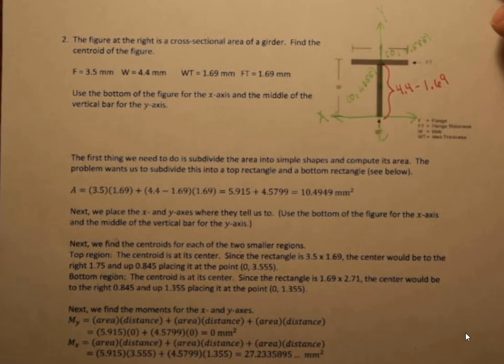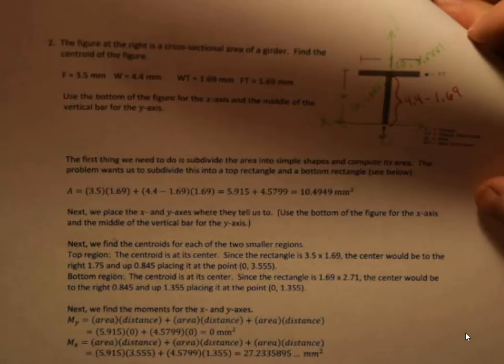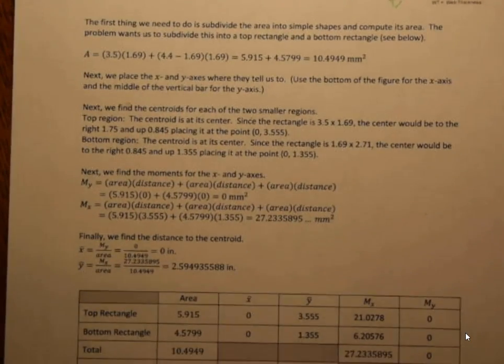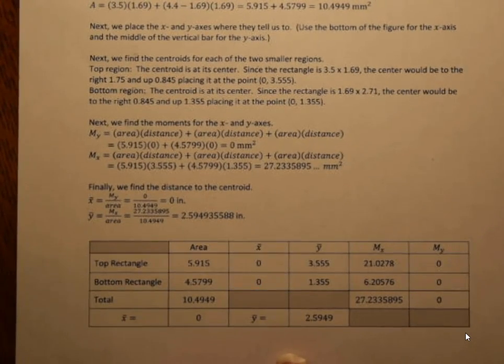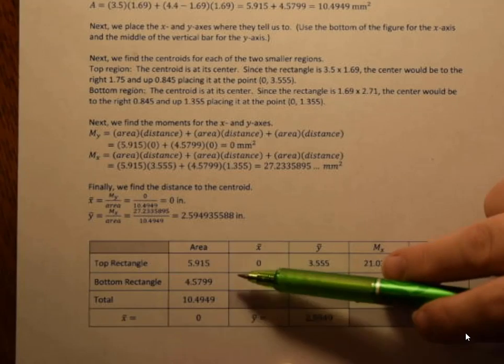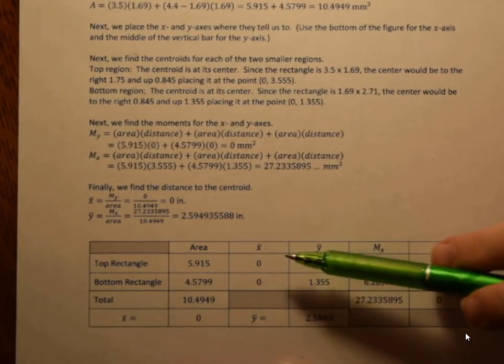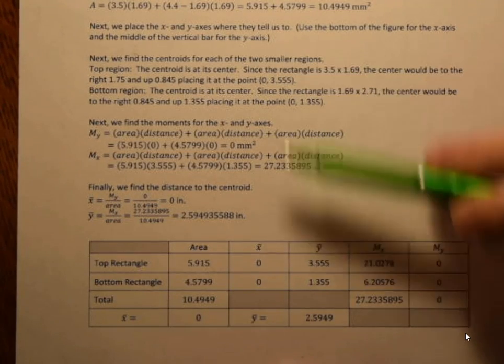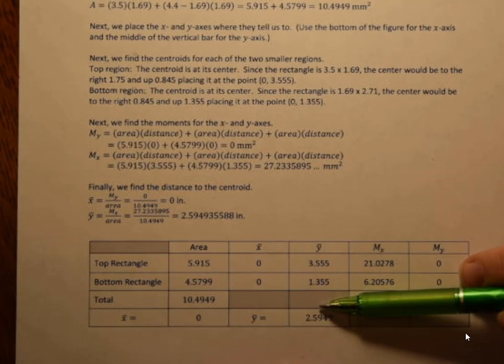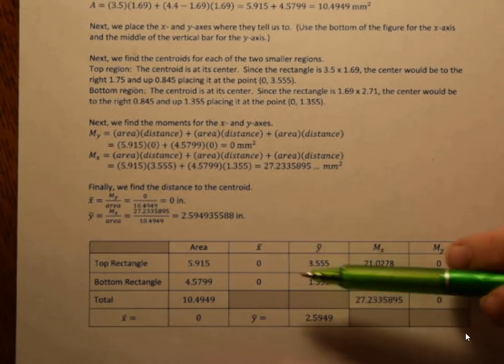Okay, so now that we have the centroids, we can do the fun math. What I have done is I've drawn a table here to help us with all that. We could either do the math on a piece of paper like this, or we could use a table. I kind of like the table because it lays everything out for us.